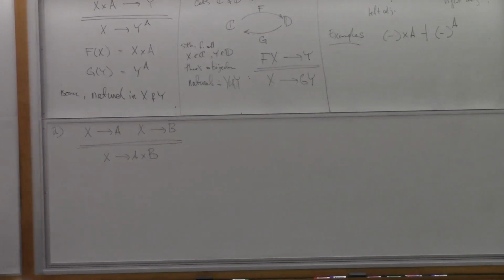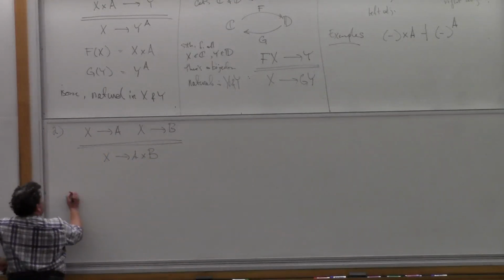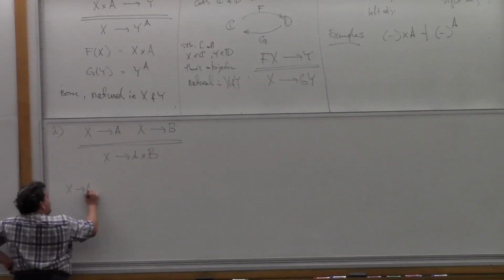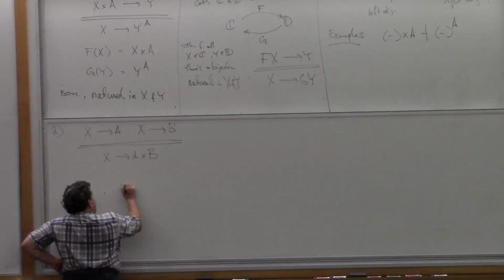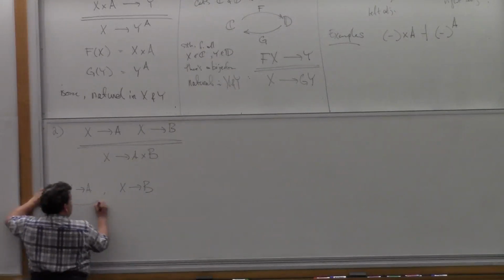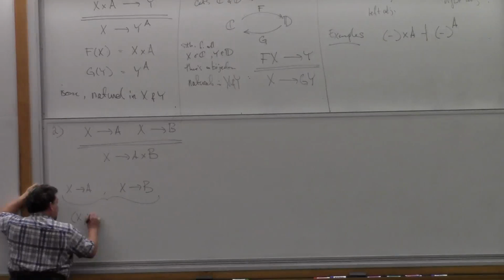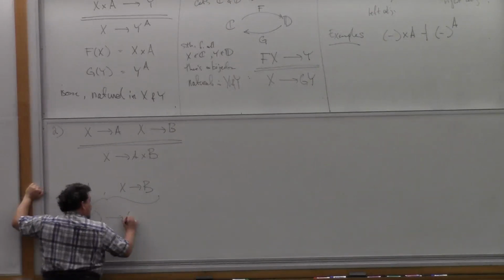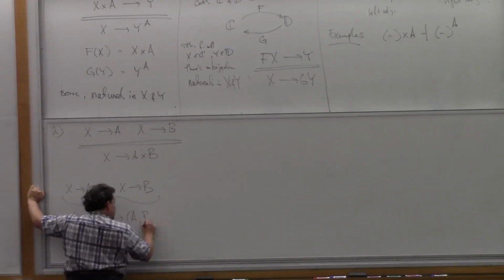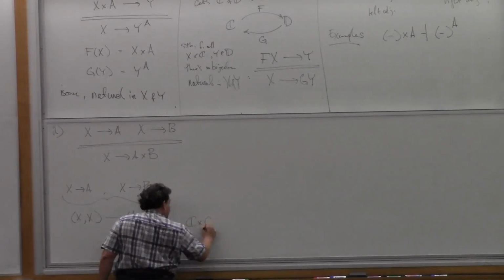We said that's the universal mapping property that characterizes products, that defines products. But let's look at what's going on up here. What is that? X into A together with X into B. Really, we can put that together as a single map of the form X, comma, X goes into A, comma, B. That's a map in the category C cross C.